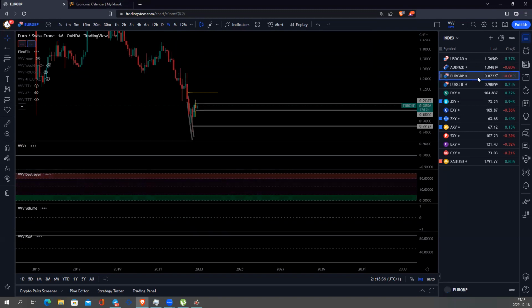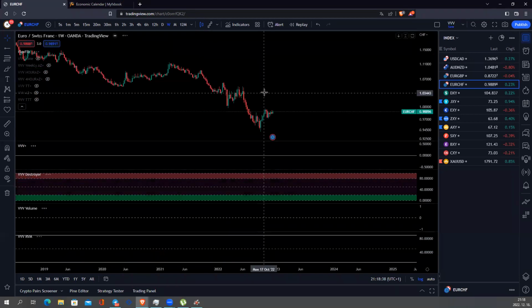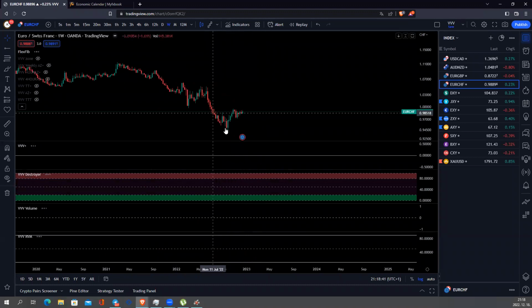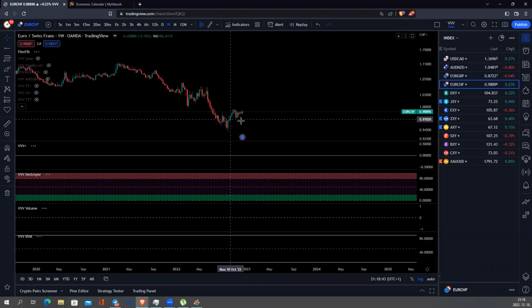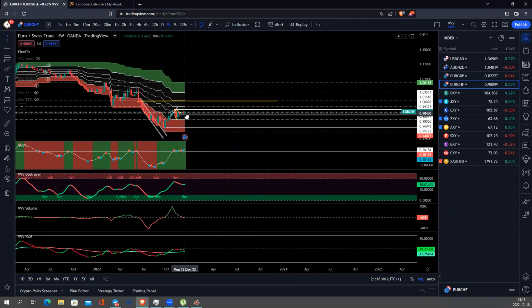Okay, so if you see, there is on the price a consolidation. So you see my target zone, and after this, I want to see euro going up actually, and I want to see it touch the 61 on the Fibonacci.